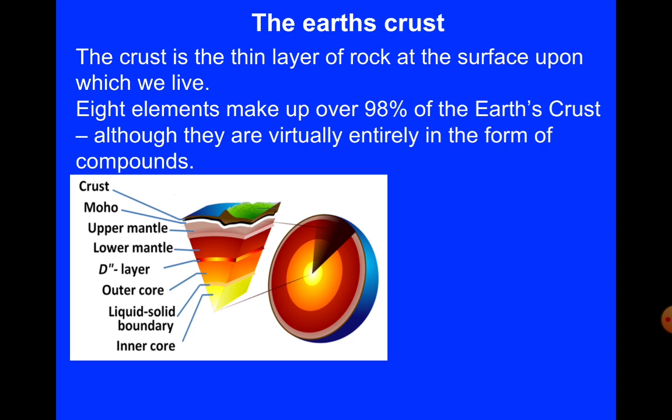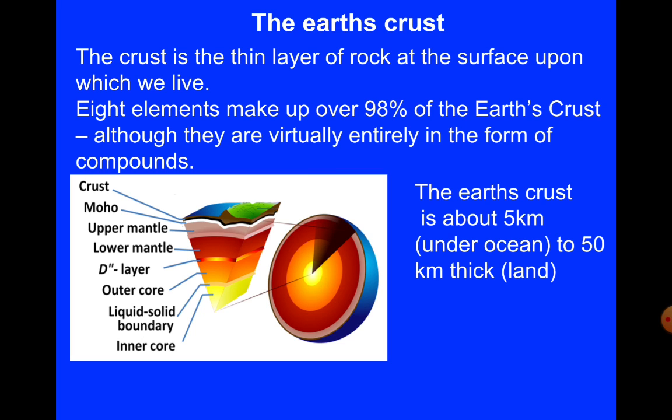You could think about which elements these are, but they are mainly in the form of compounds. The Earth's crust is about 5 kilometers thick under certain parts of the ocean, to a maximum of 50 kilometers. Okay, so it's very thin if we look at the diameter of the Earth.